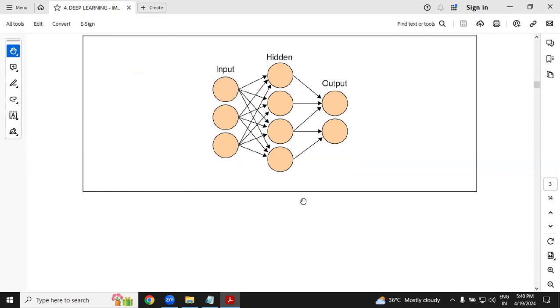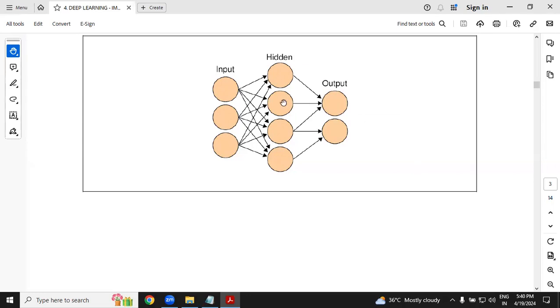One more point you need to understand: the information travels from left side to right side, from input towards output. Sometimes, in some scenarios, the information can travel from output back to the hidden layer also. That is called backpropagation.